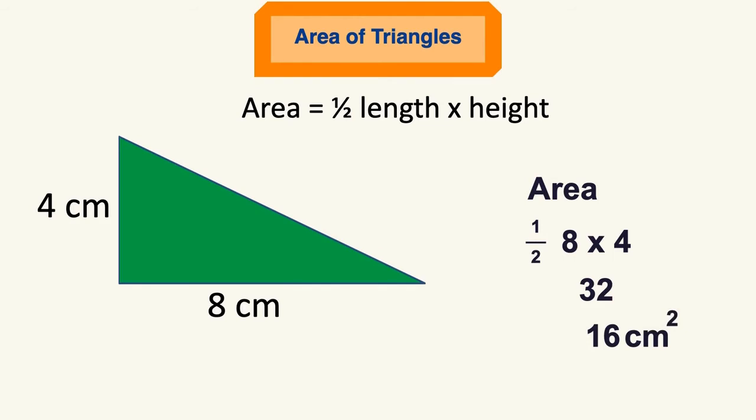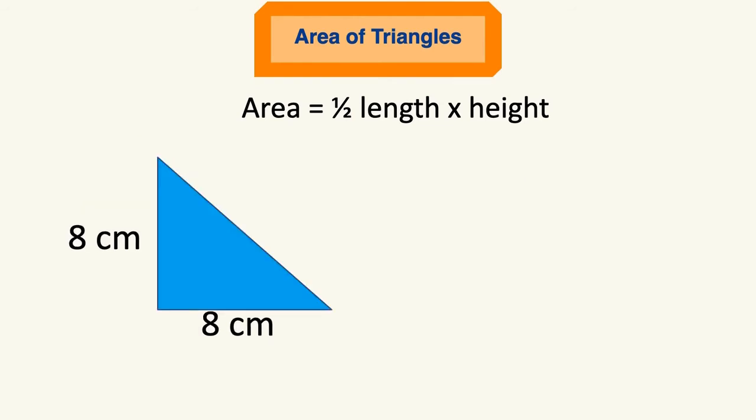Let's take a look at another example. How do we find the area of this triangle? Remember once again that the formula for area is half length times height. In our example, 8 centimeters represents our length and 8 centimeters represents our height. So let's write out our formula. The area is half 8 times 8. First, we must multiply our factors.